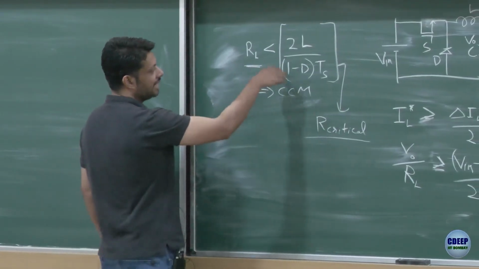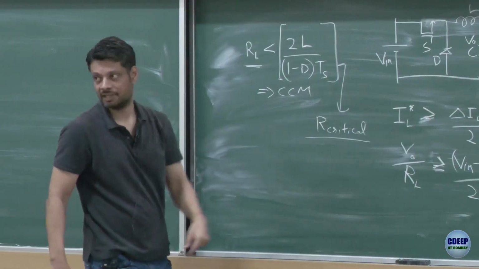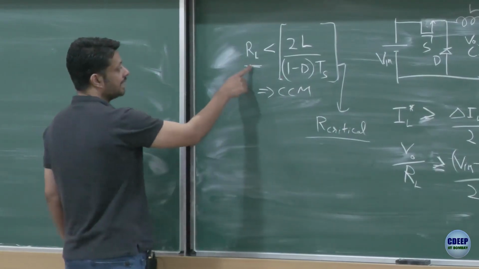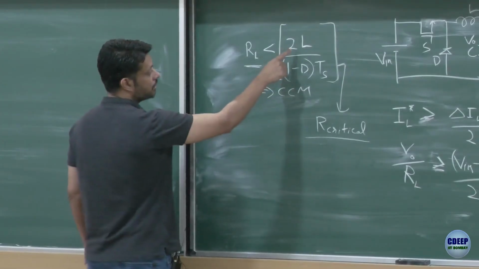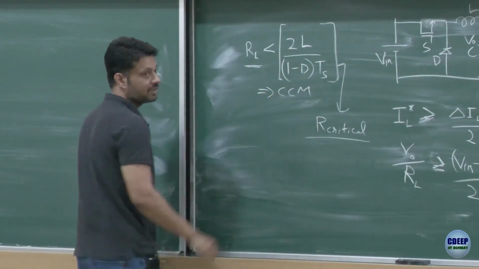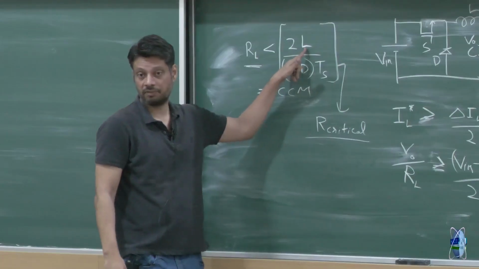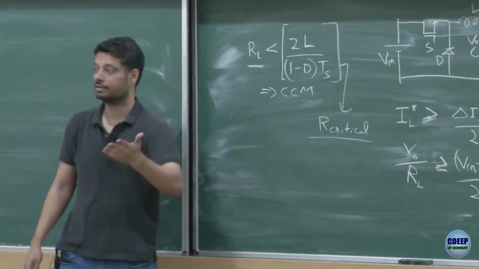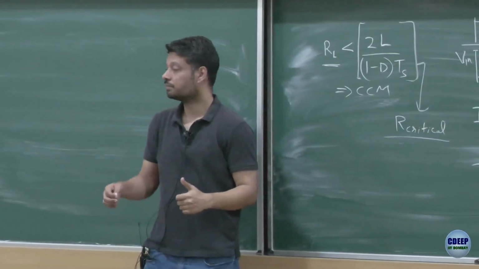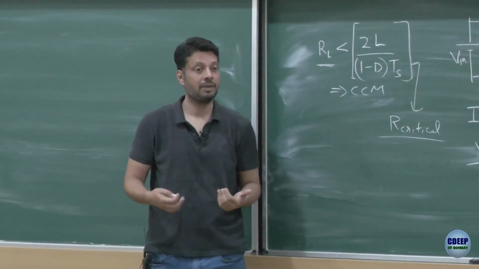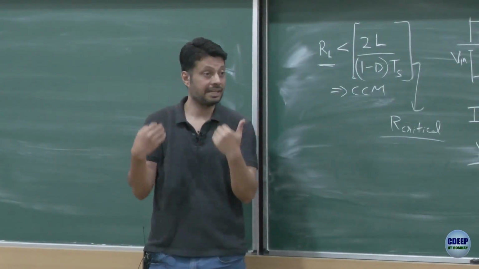Let's just understand the relationship once before we go and derive the expressions for case 3. So the critical resistance is equal to 2L by (1 minus D) times Ts. That means if you have a higher value of L, your critical inductance would also be higher, so your converter can operate in CCM further, till a lighter load condition.